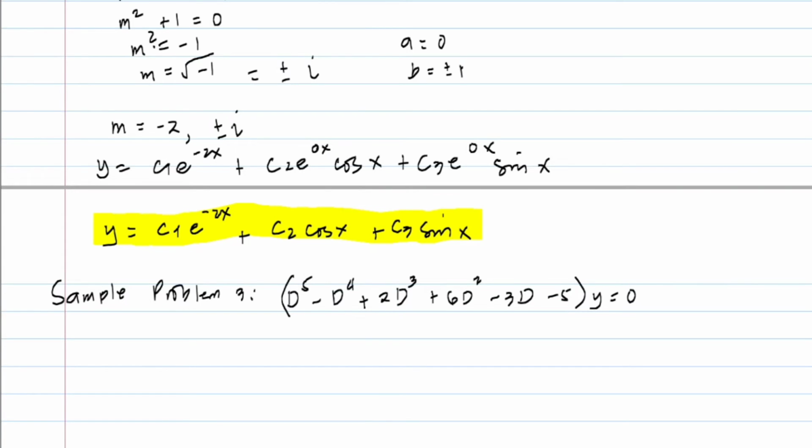Okay, ito. Kapag meron tayong problem na ganito, D to the 5 minus D to the 4th plus 2D cubed plus 6D squared minus 3D minus 5, y is equal to 0.